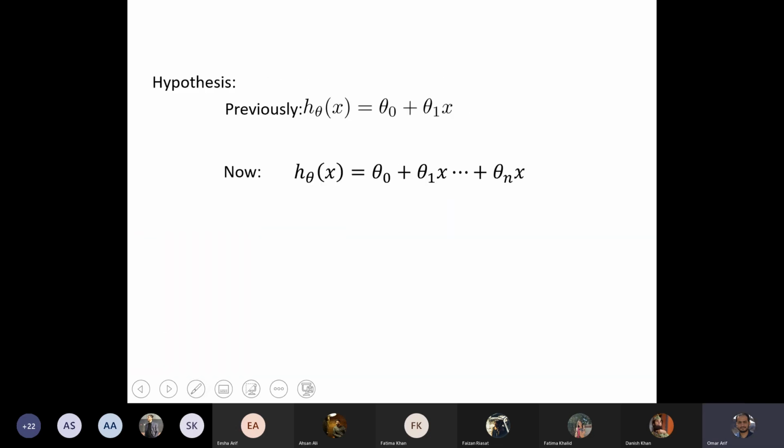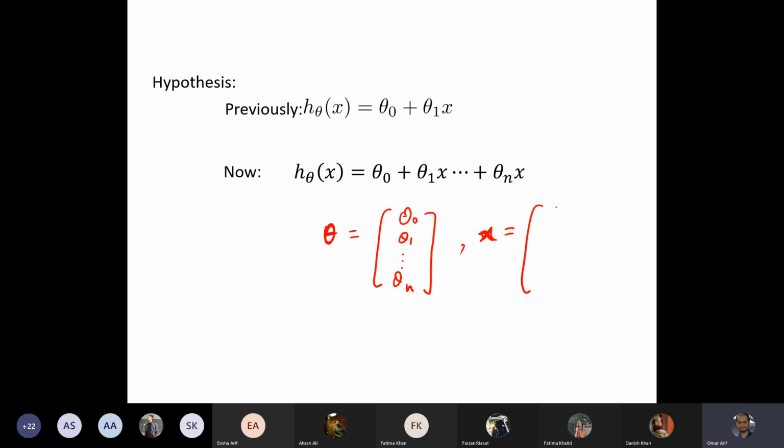So this is the hypothesis, and remember we also talked about the vector notation. So this theta bold is a vector which is formed by concatenating all the parameters. And similarly for x as well, so this is also bold. This is a vector in which I concatenate all the features of the input, up to xn, and this one is a bias term.